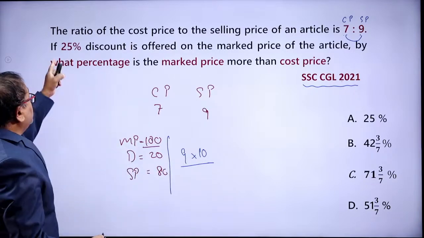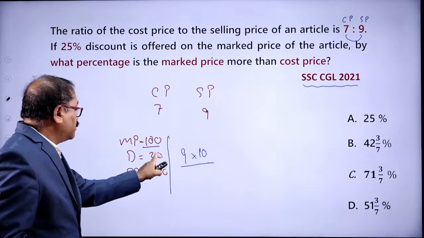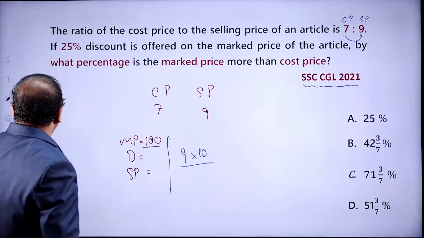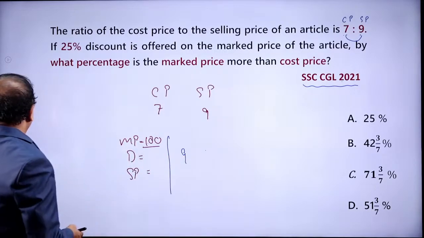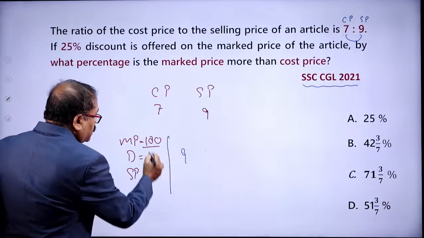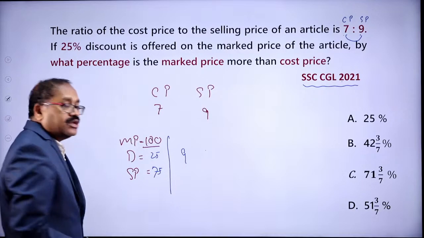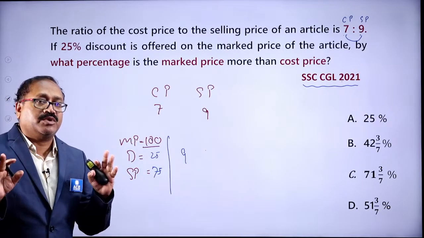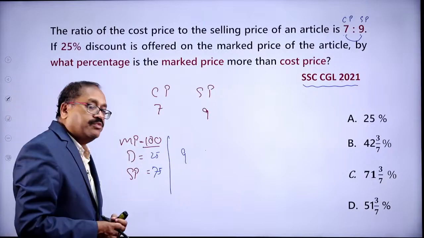Is it discount is 25%? Okay. Now let me correct my figure. Discount is 25%. Take the discount here, my friends. 25% discount, then the selling price will be 75%. This should be there in our mind. We will not write this one. With practice, we will remember this part.